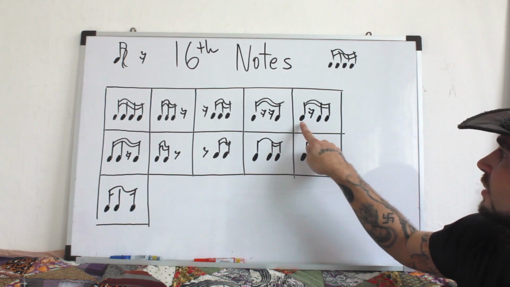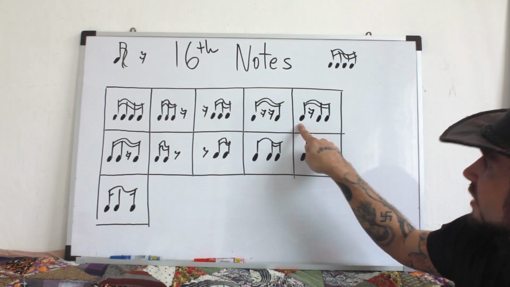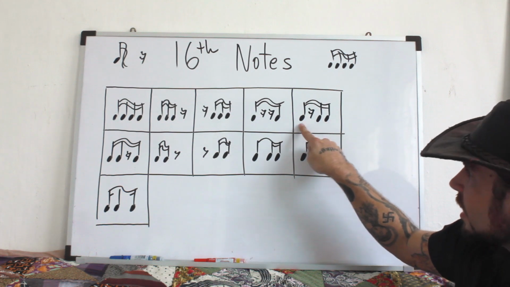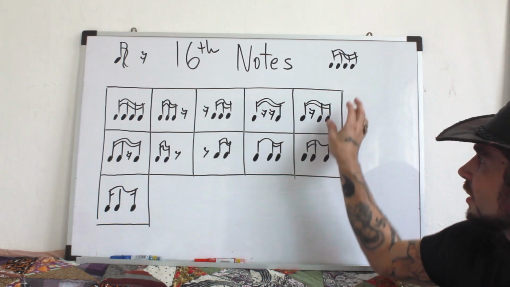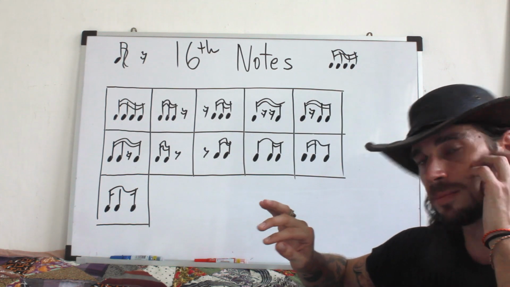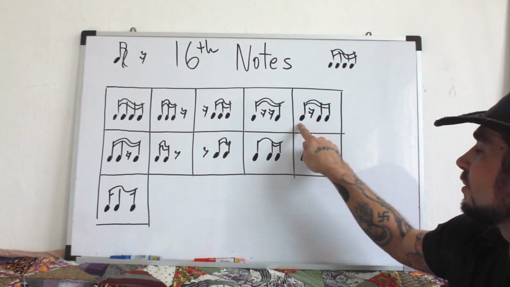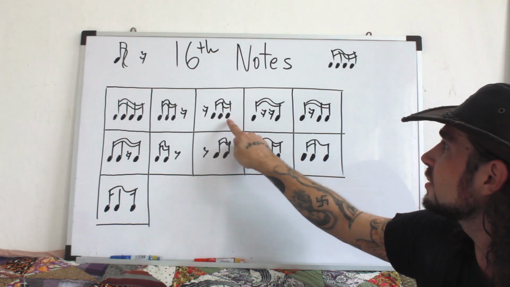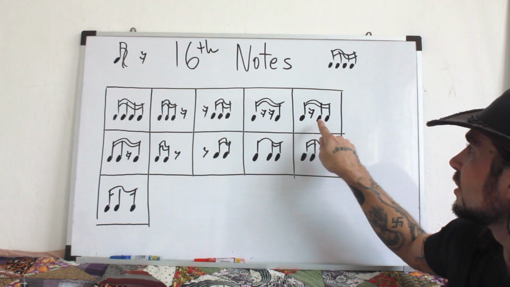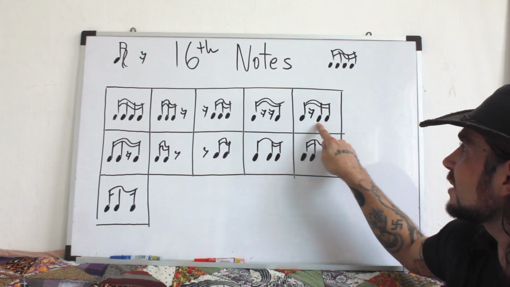So this would be like ta rest ta ta, ta rest ta ta, ta rest ta ta. If you kept repeating this rhythmic cliche, it almost sounds like one of these, rest ta ta ta, because it's ta ta ta rest ta ta ta.